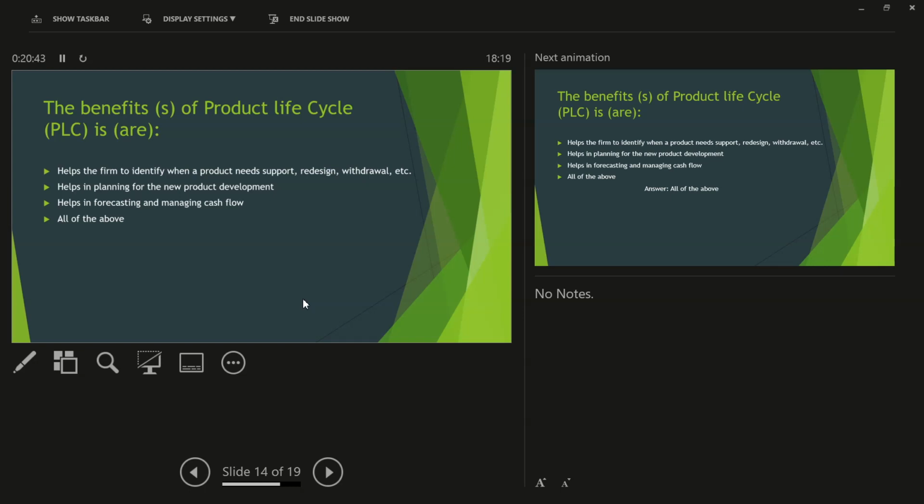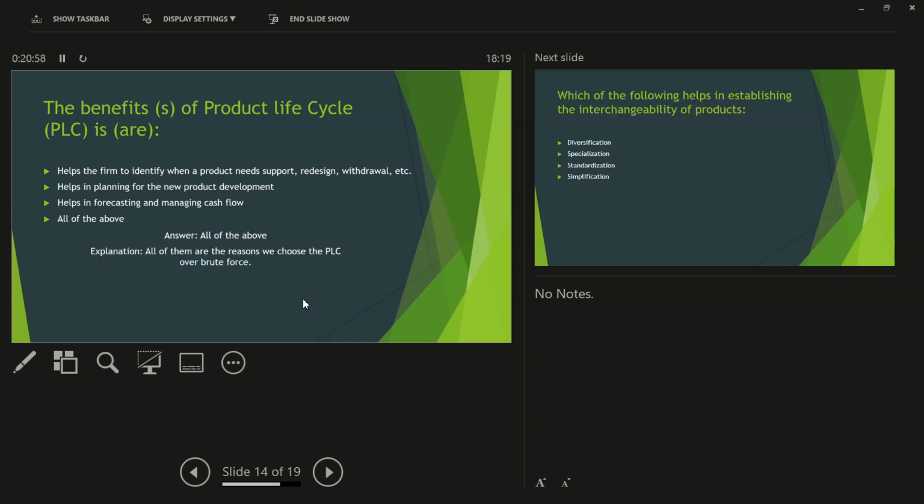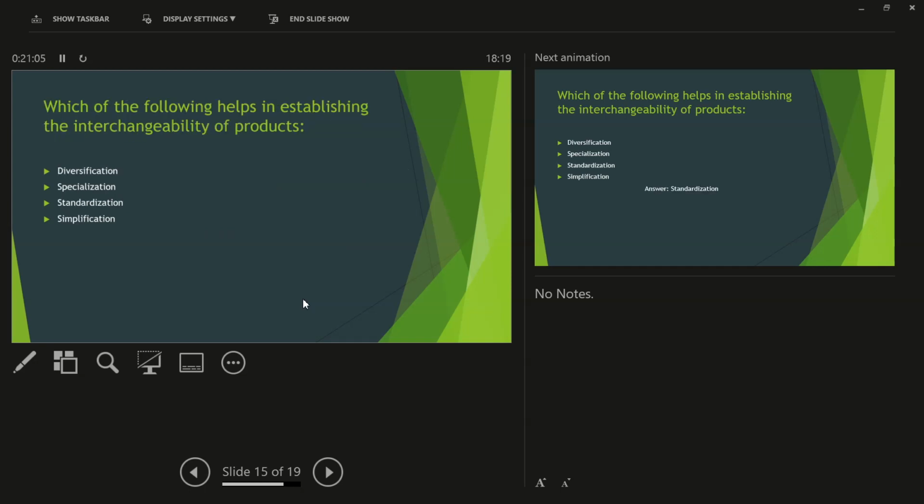And actually in practice people generally try to take in the feedback earlier. Yes. So yes, those things are getting fastened up. Yeah. So yes, all of them. That is the reason we choose PLC over the brute force of supply and demand. Then the next question is, which of the following helps in establishing the interchangeability of the products?